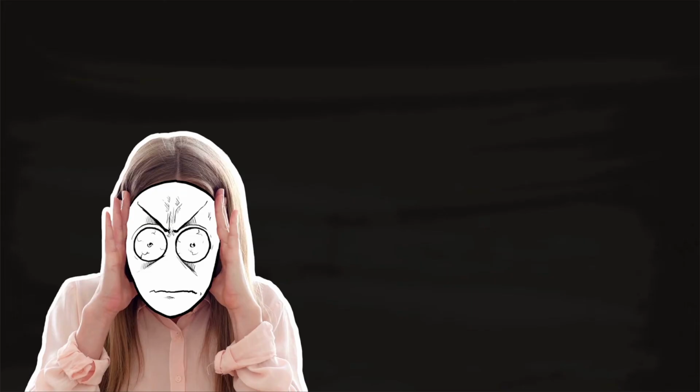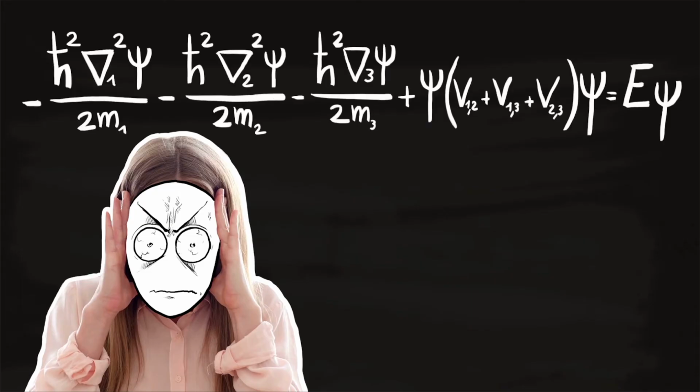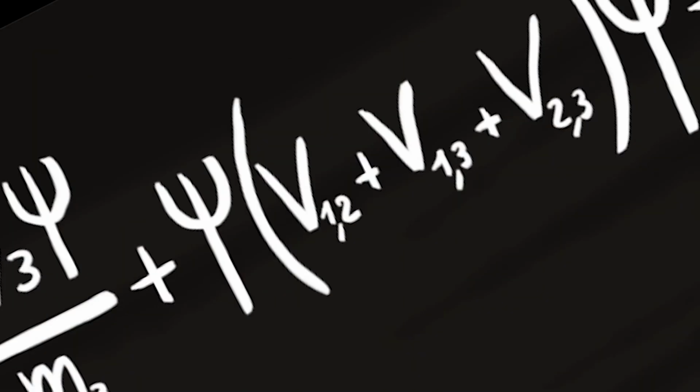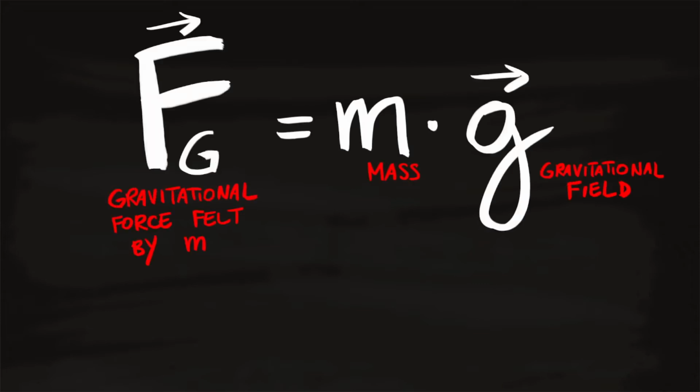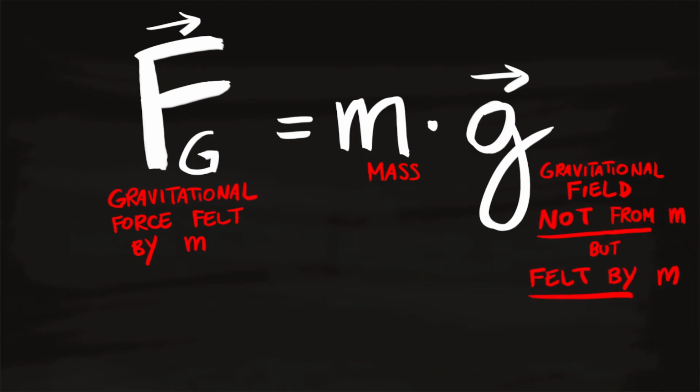And if you're thinking, oh my god, I know some weird-ass equation is coming. No, take it easy. Here's a simple one. The gravitational force felt by a mass m is equal to that mass times the gravitational field g. But be careful, g here is not the gravitational field produced by the mass m.